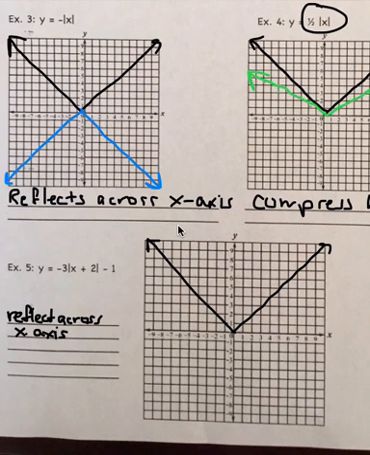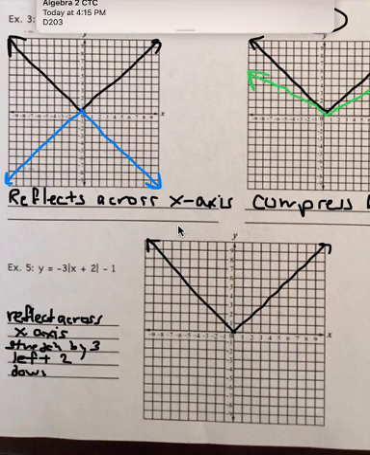The 3 means stretch by 3. The 2 means left 2 because it's opposite on the inside. X's lie to you. So left 2, and then the -1 means down 1.